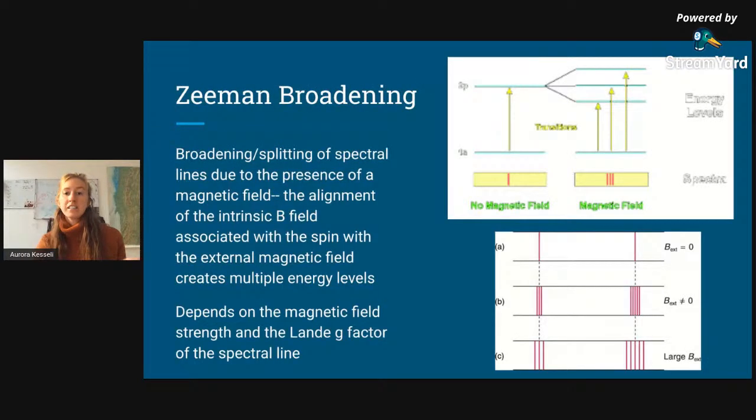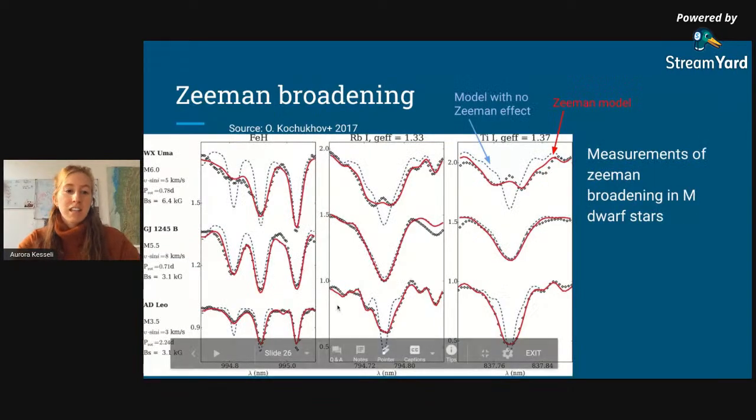And then Zeeman broadening, like I said, you need to have a star with extremely strong magnetic fields. Sorry, 1,000 times stronger than the sun, 3 orders of magnitude, because in our example here, we have kilogauss scale magnetic fields.